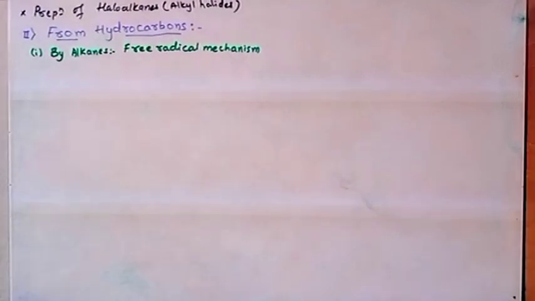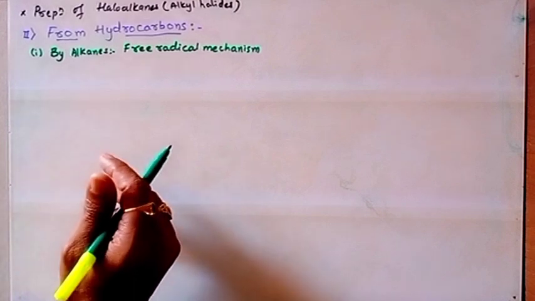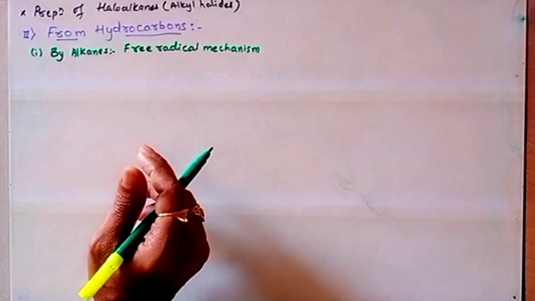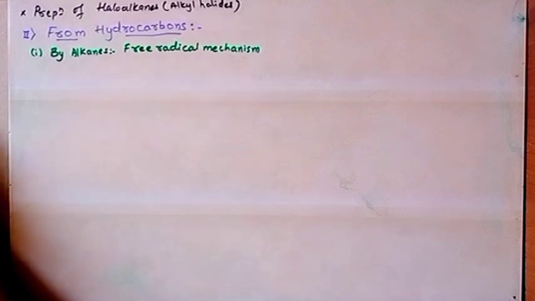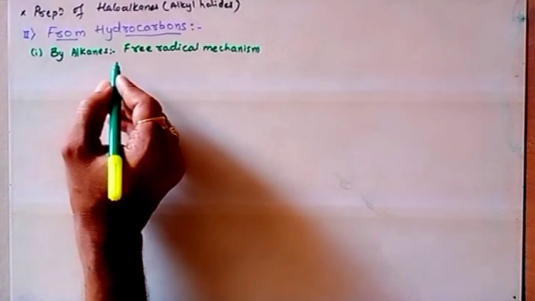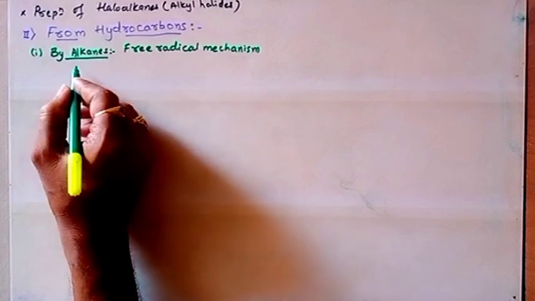In this free radical mechanism of alkanes, what happens? When the alkanes are halogenated, that is bromination with bromine or chlorination with chlorine in presence of UV light, we will get a mixture of isomeric mono and polyhaloalkanes.